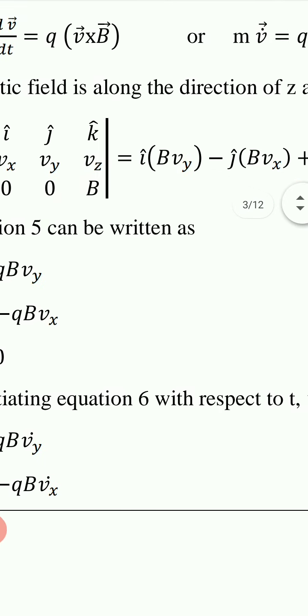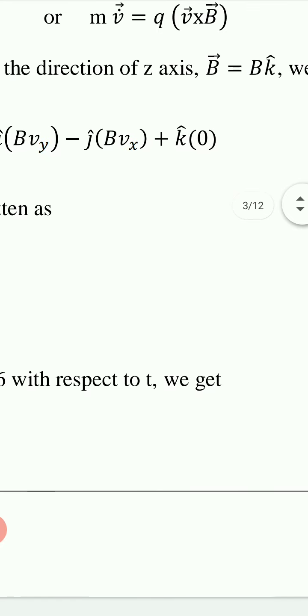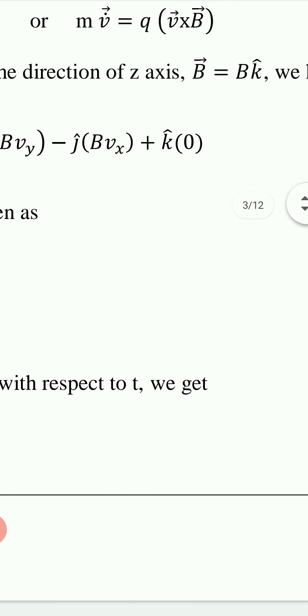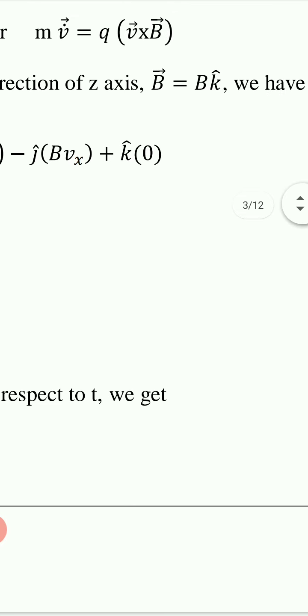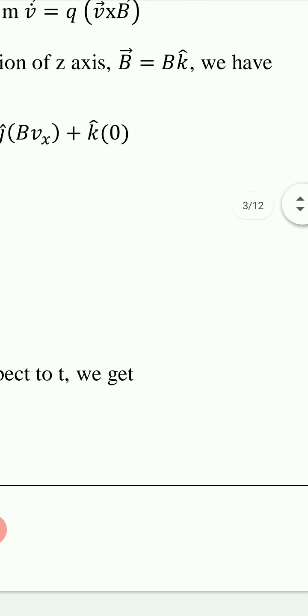If the magnetic field is along the direction of the z axis, we assume the direction of B vector as the direction of z axis. Then we can write B vector as equal to B k cap. K cap is the unit vector along the direction of z axis. And B is the magnitude of magnetic field.